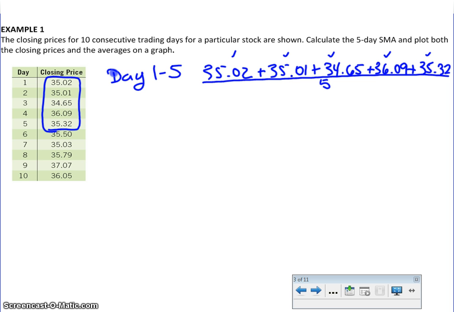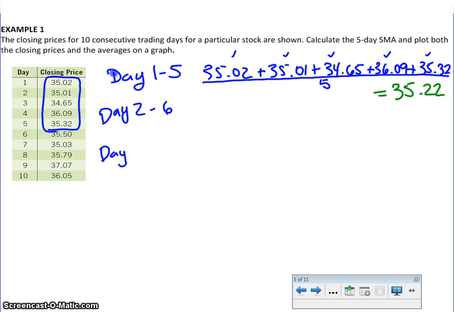So when I divide them, I actually get, let me put it in a different color, the first day 1 through 5 simple moving average is $35.22. Now we're going to go ahead and continue that process 5 more times. So we have day 2 through day 6.